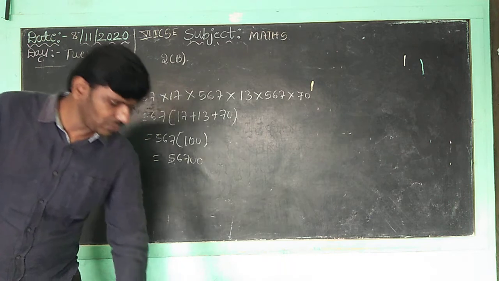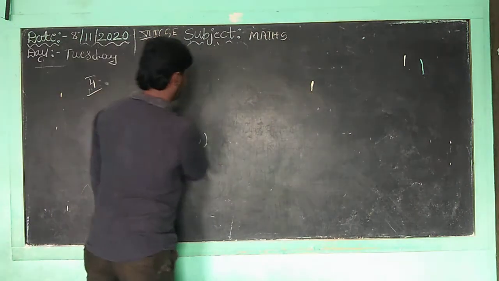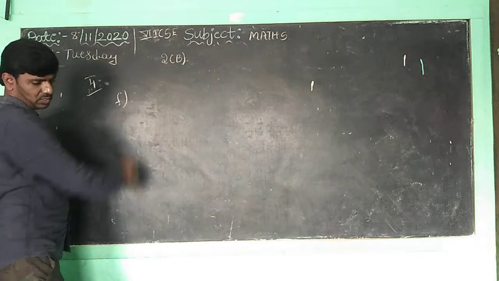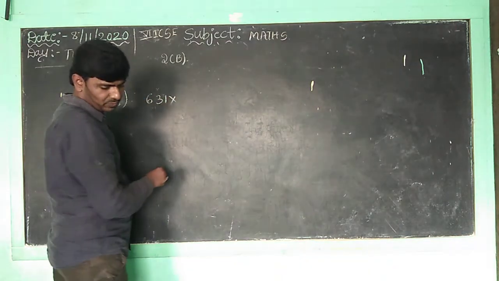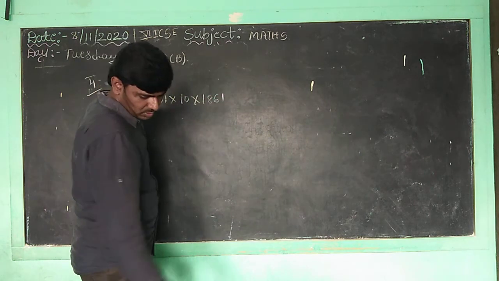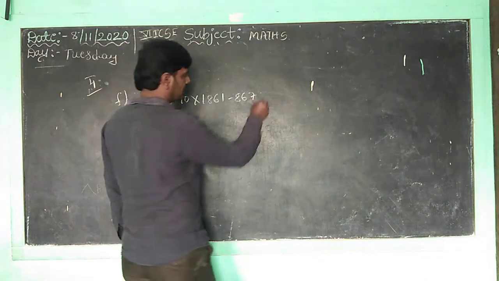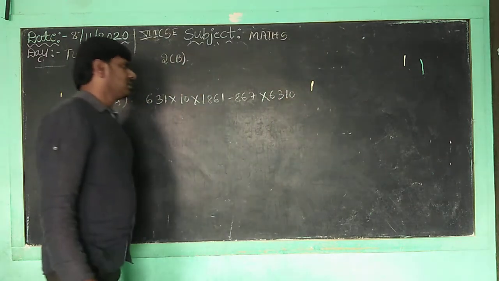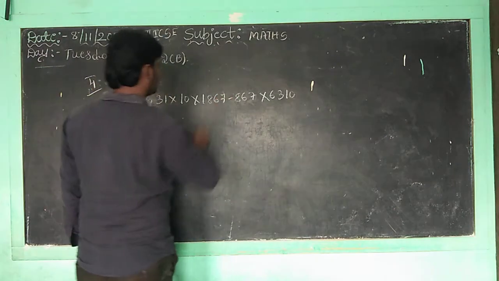So as well as now we want to take the next question. What is the next question? Yeah, children. 631 into 10 into 1861 minus 861 into 6310. Correct, children? Now we want to take 1867 also.